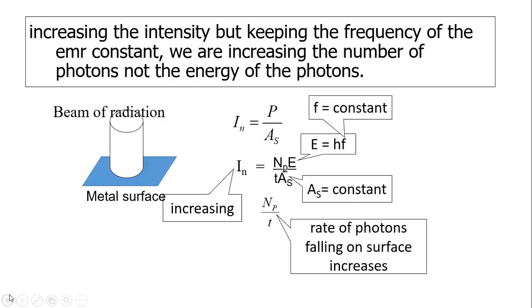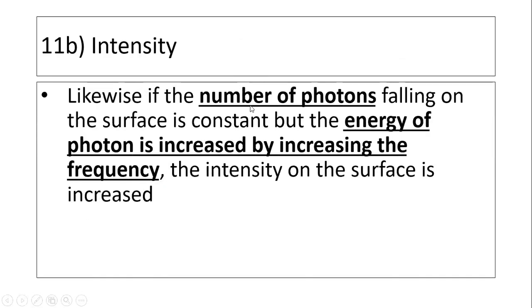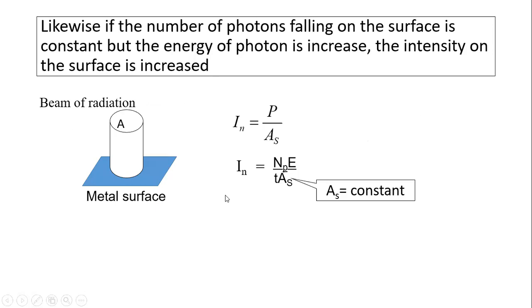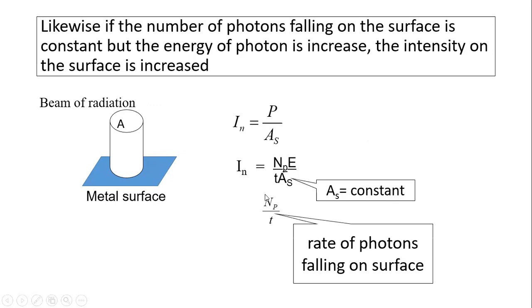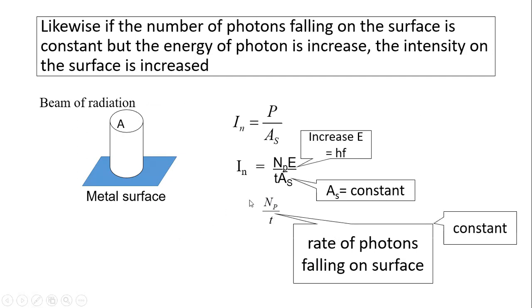Okay with that? Likewise, if the number of photons falling on the surface is constant, but the energy of the photon is increased by increasing the frequency, the intensity at the surface is increased. Same thing, same equation. We are keeping N P over T constant, and area is constant.